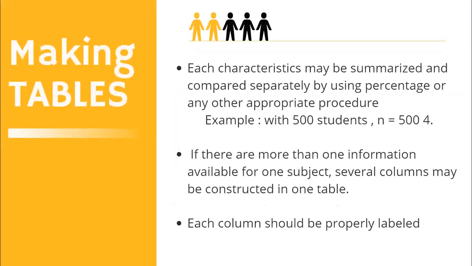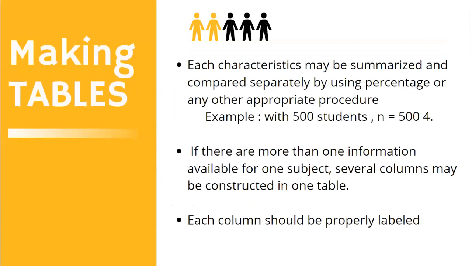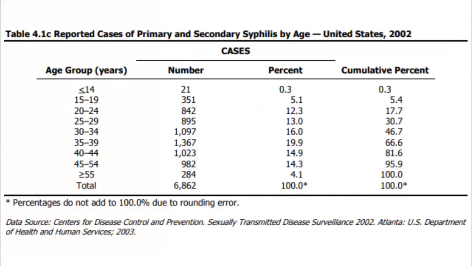Alright, and then each characteristic may be summarized and compared separately by using percentage or any other appropriate procedure. If there is more than one piece of information available for one subject, several columns may be constructed in one table and each column should be properly labeled. Let me explain that by using this table.